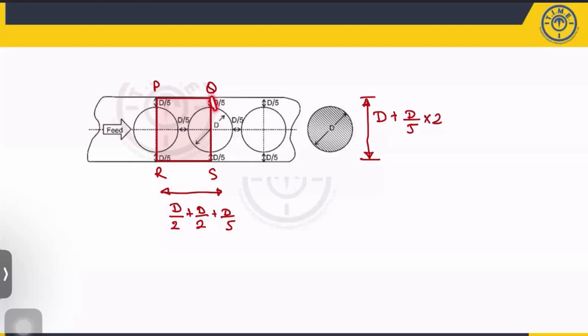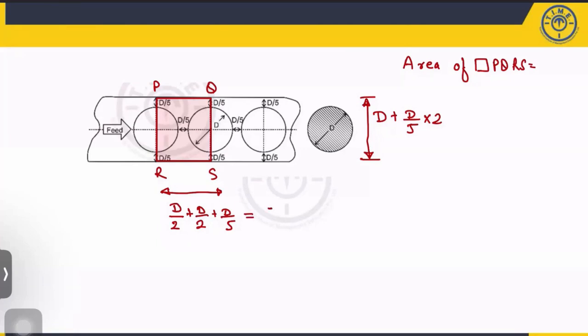Why 2? Because this is d by 5, this is d by 5. This is the length, this is the width. Then you can easily calculate the total area of this particular rectangular cross section. That means I can write the area of rectangle PQRS is nothing but what is this value?